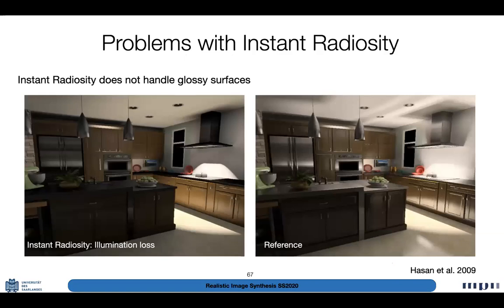The problem, as we have seen already, is that on the left side you see the instant radiosity, and on the right side you see the reference. And in these circled regions, you see the loss of illumination. This is problematic, and we want to get rid of that. We don't want to have this loss of illumination.